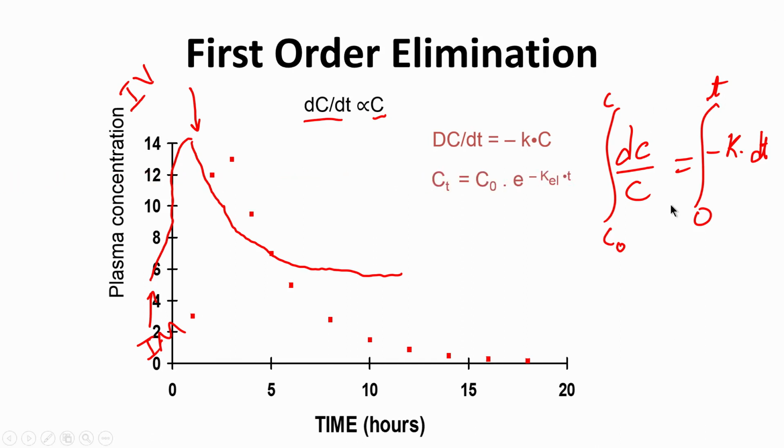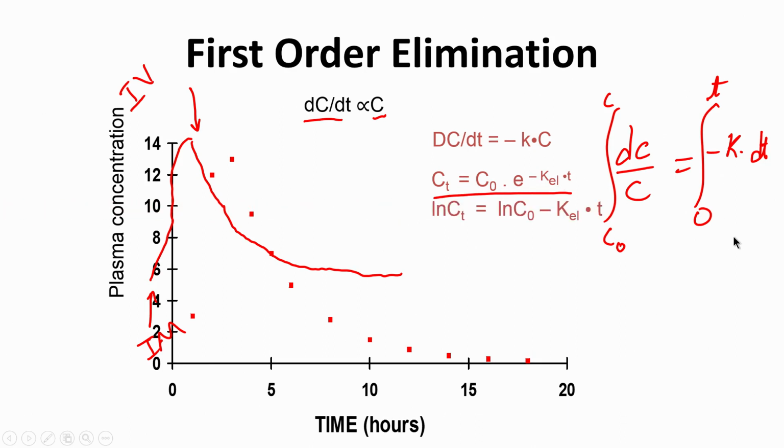If we do this, we find the concentration at time t in the plasma, Ct, is equal to the initial concentration multiplied by the exponential decay with time, with the rate constant, or the elimination constant in this case.